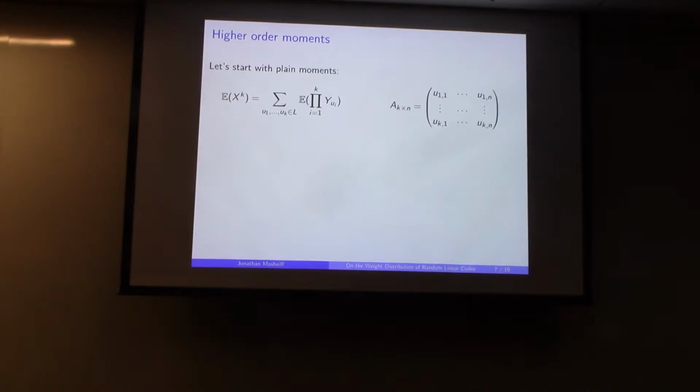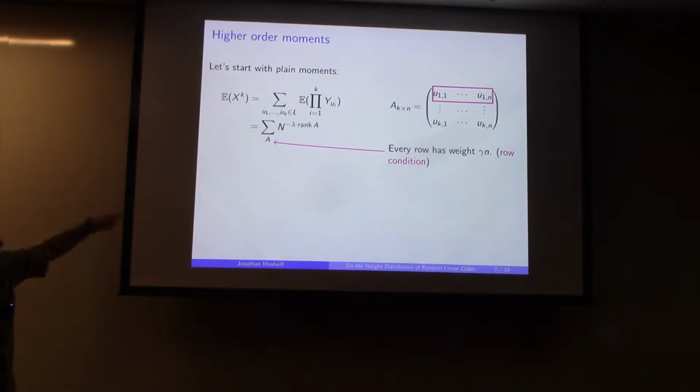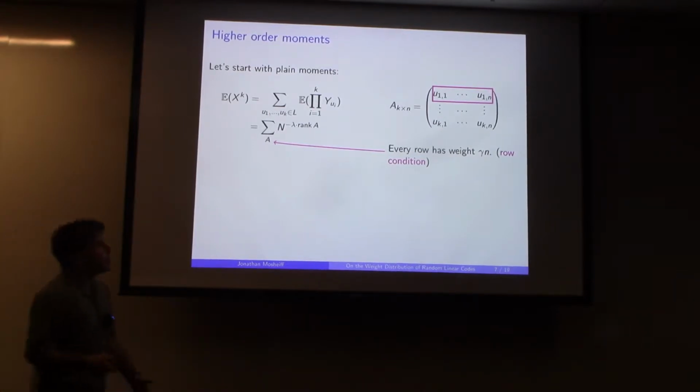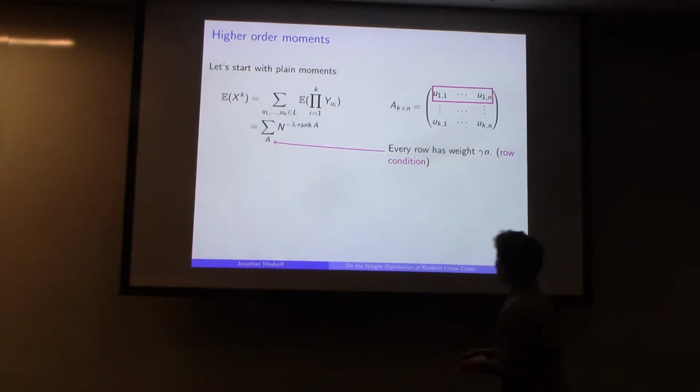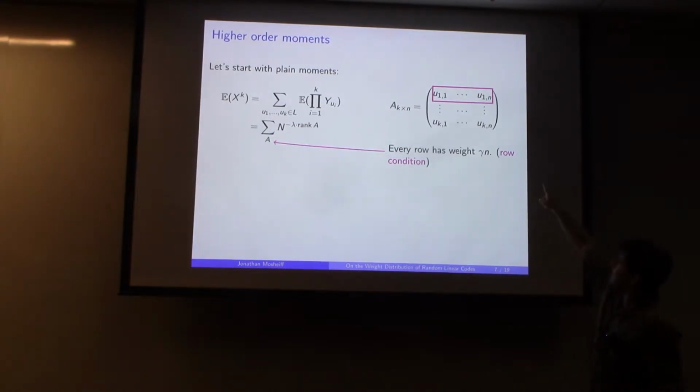And I want a nice way to count these things. One basic manipulation is that if I have an element of the above sum, u1 to uk, I'm going to write this k tuple as a matrix. So each row is one of these ui's.